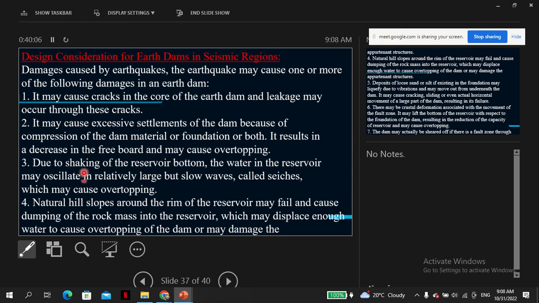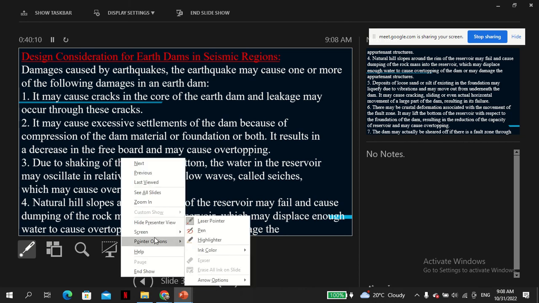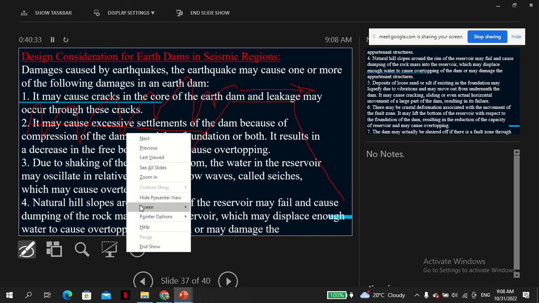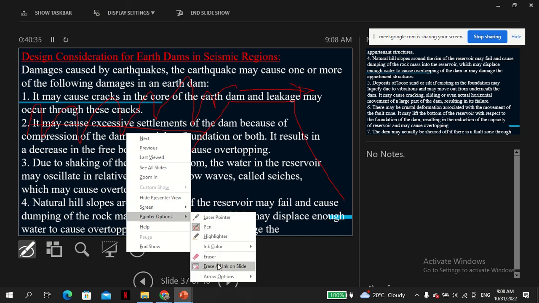The pore water. This is your dam, and this is probably the freeboard. Now, when an earthquake happens, these are waves, so you need to prevent this and overtopping. That's the first thing.